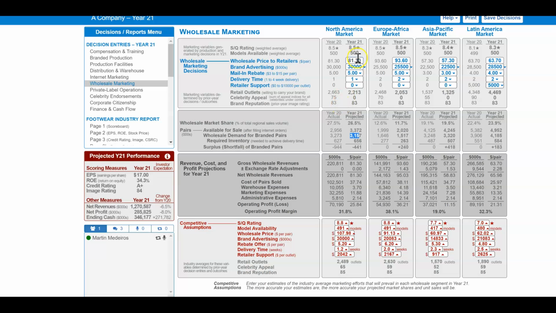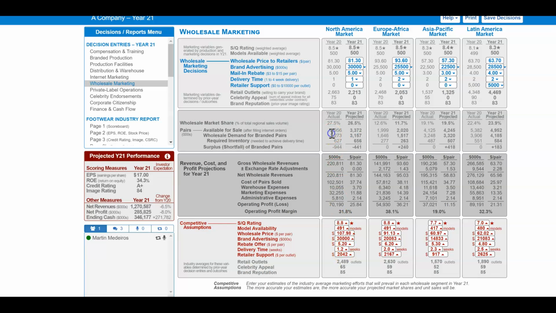They have to set up their shoe in each region, and they set their shoe up, so to speak, against what they think will be the market average for price, advertising, and mail-in rebates. That's what you see right here in the red.